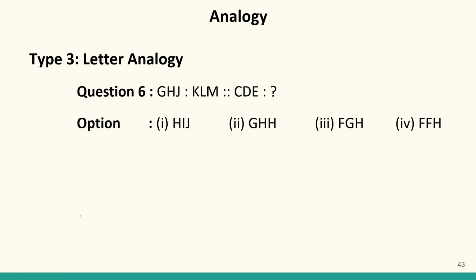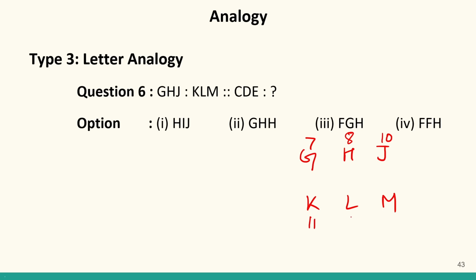Now let us find for this one. GHJ is written as KLM. So G is positioned at 7, H is positioned at 8, and J is positioned at 10. From K, we are getting 11.